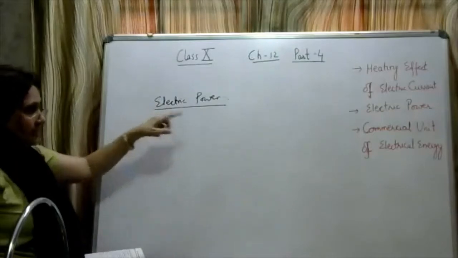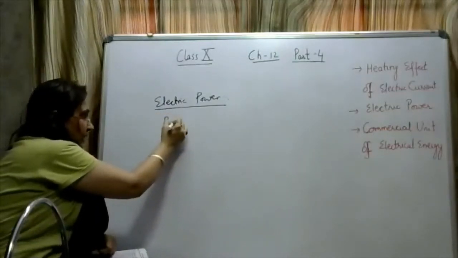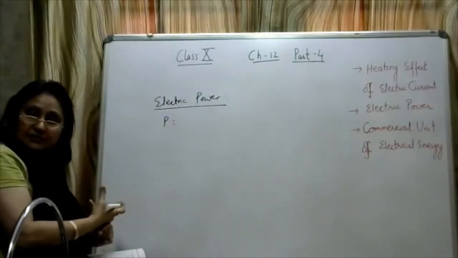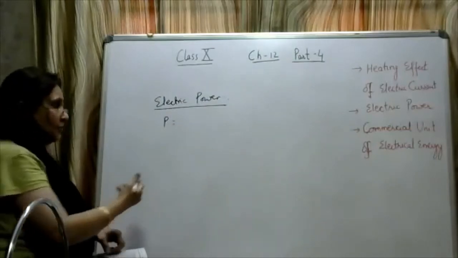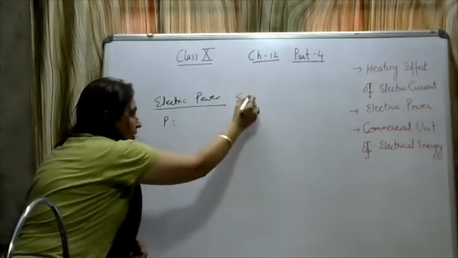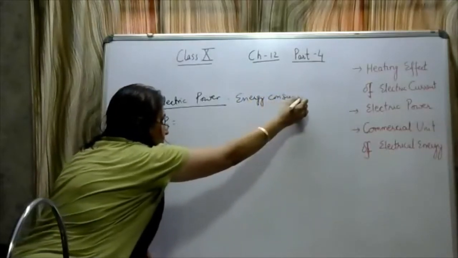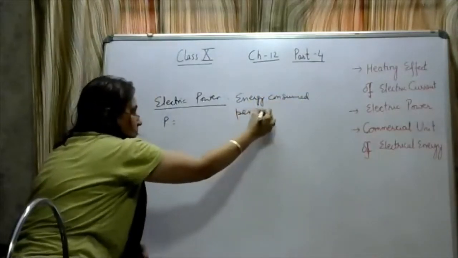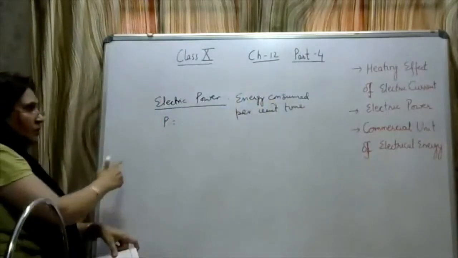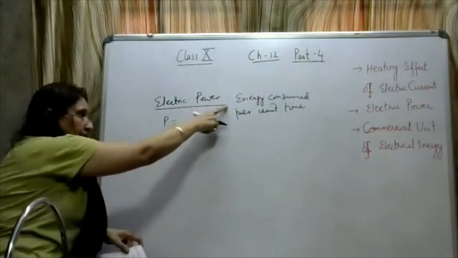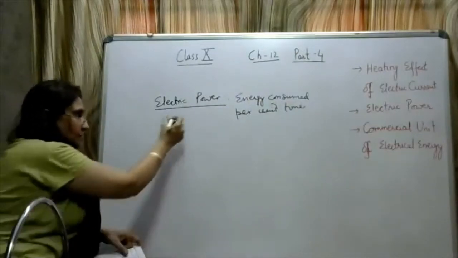Now the next topic is electric power. Electric power is defined as the electrical energy consumed per unit time, or the electrical work done per unit time.